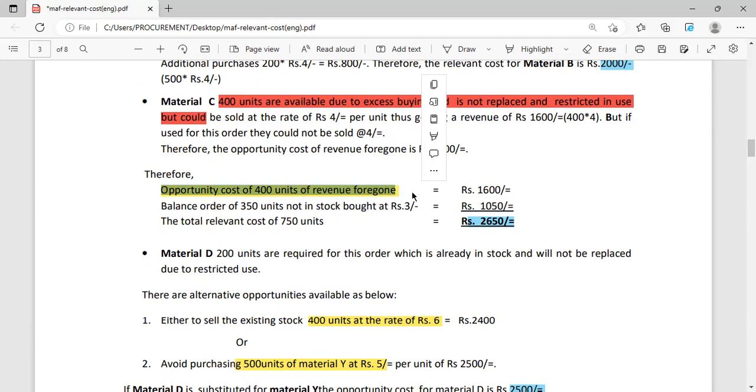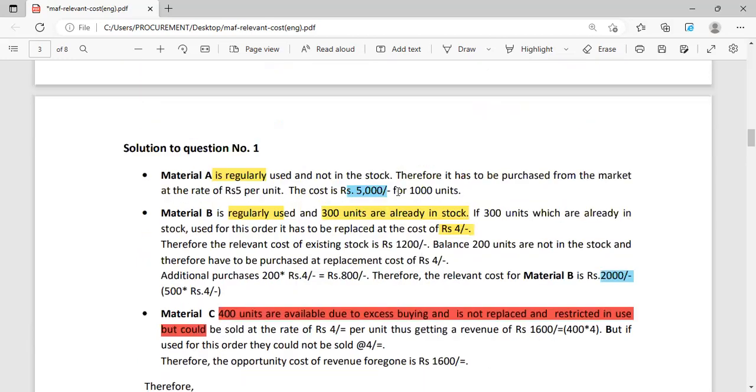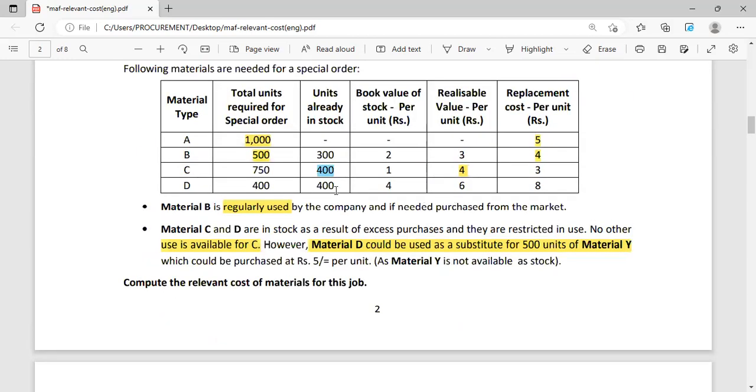Assuming it is in regular use, based on your question, you are going to say 750 times the replacement value. So it will be 750 times 3 naira. That would have been the figure. But now we cannot do that. The only thing we can do is to use the scrap value, which is for 400.